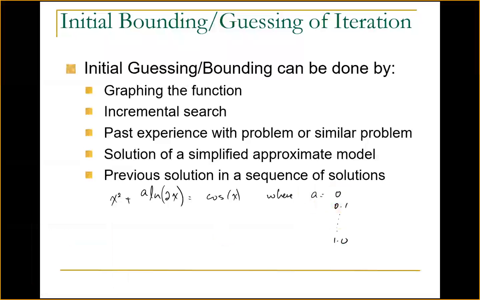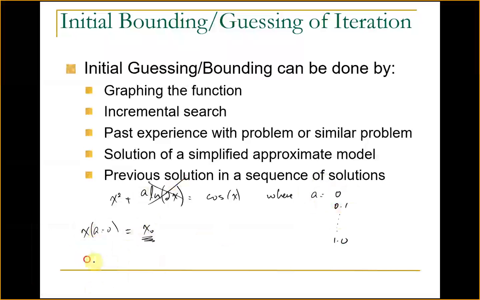This is an example. So what do we do? After you solve for the case where a equals 0, that means where this term doesn't exist, you're going to get a solution for x. That's x for a equals 0, and you'll get your answer. I'm going to call it a0. Okay? So you actually get your answer.